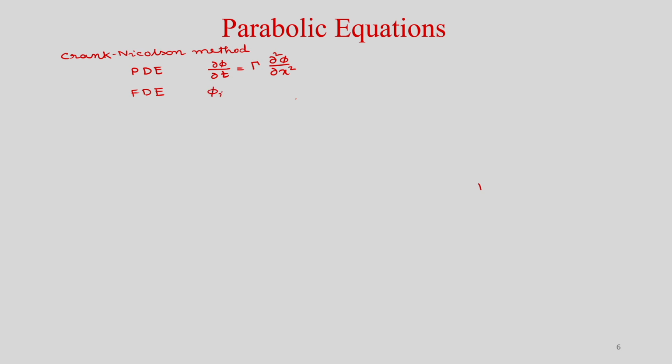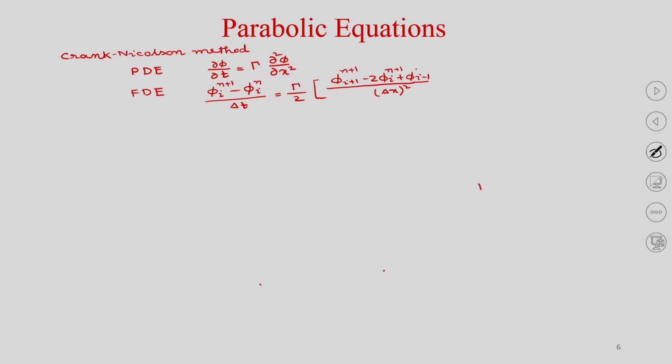So, that will be phi I n plus 1 minus phi I n divided by delta t is equal to gamma by 2 times phi I plus 1 minus 2 phi I plus phi I minus 1 divided by delta x square, at time level n plus 1, plus phi I plus 1 minus 2 phi I plus phi I minus 1, this is your n. Okay. So, this is your Crank-Nicholson method, already we have discussed in detail.